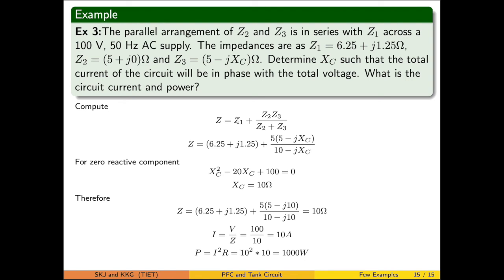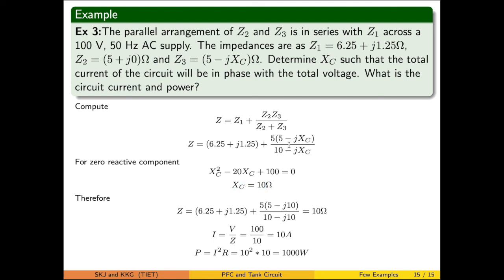As per the statement of the problem, Z2 and Z3 are in parallel. That parallel combination is in series with Z1, so it results in this. Now, to make this reactive component 0, the equation which results is like this. When we solve it, the Xc value comes out to be 10.